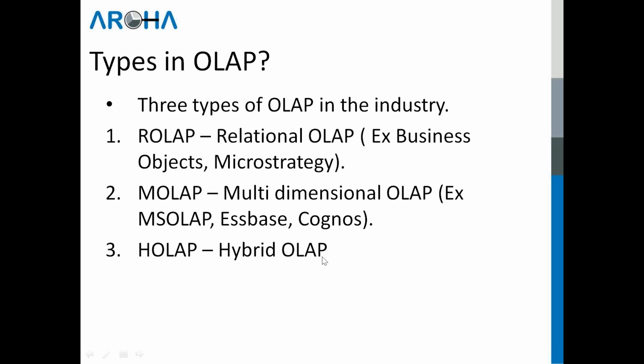In HOLAP, it's neither ROLAP nor MOLAP, and there are no tools available in the market for hybrid OLAP, but there is a concept that talks about it, which has both relational and multi-dimensional. It's kind of like a snowflake. Think about ROLAP as third normal form, MOLAP as star schema, and HOLAP as a snowflake. It has both advantages and disadvantages.